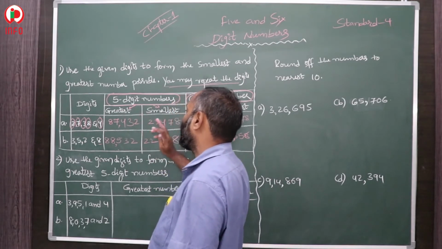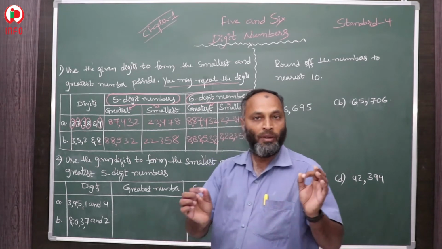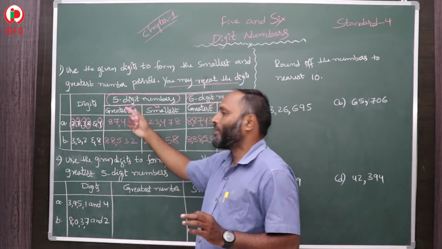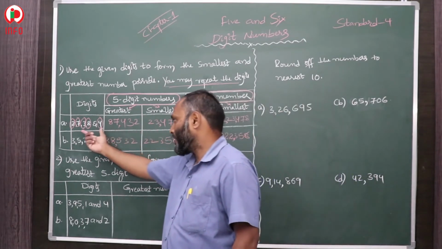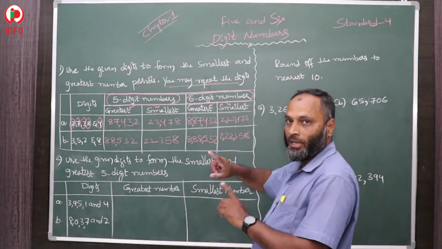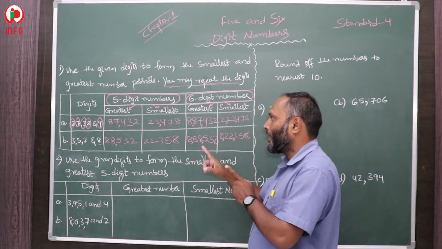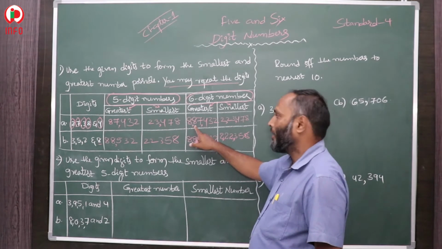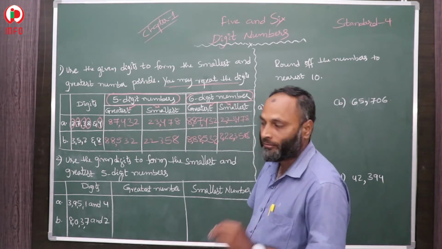In ascending order we get the smallest and in descending order we get the greatest. If suppose the number of digits is 5 and we need a 6 digit number, then 1 digit is less. Whenever 1 digit is less, then for the greatest number we have to repeat the greater number one more time, and in the smallest number we have to repeat the smaller number one more time.